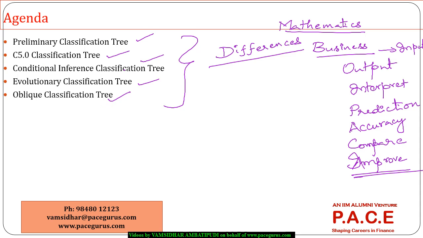So we will talk about each of these things and we'll try to execute each of these algorithms in R to one single data set itself, so that we can see for this particular data set which model is more and more comfortable, more and more accurate.